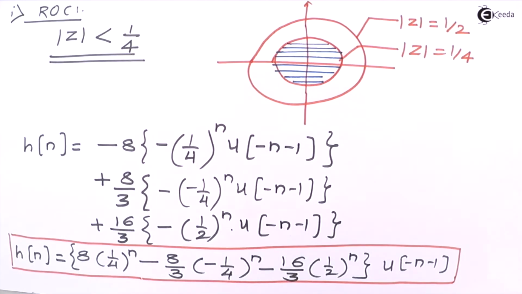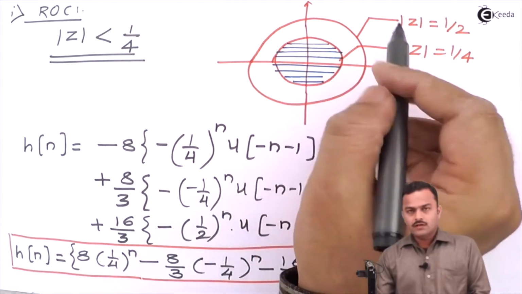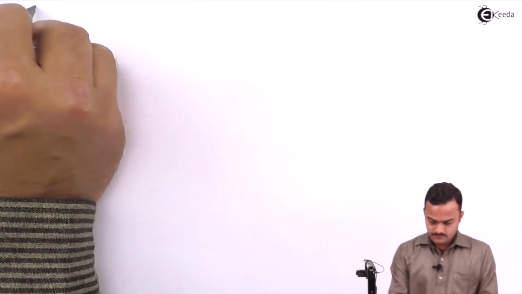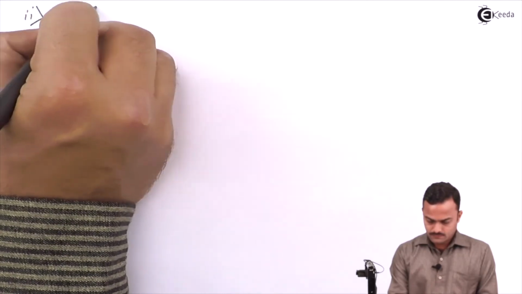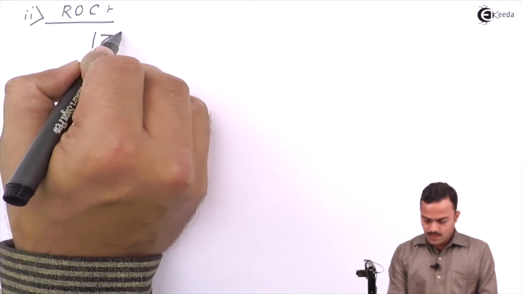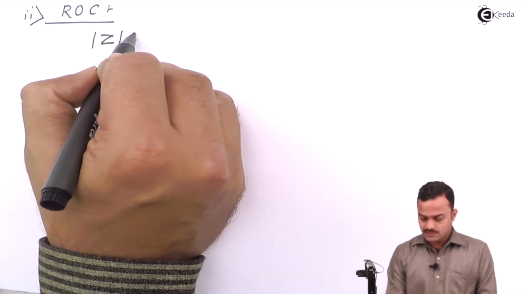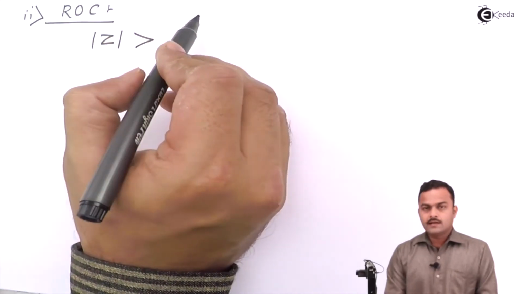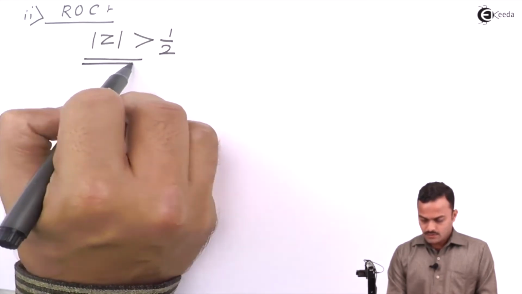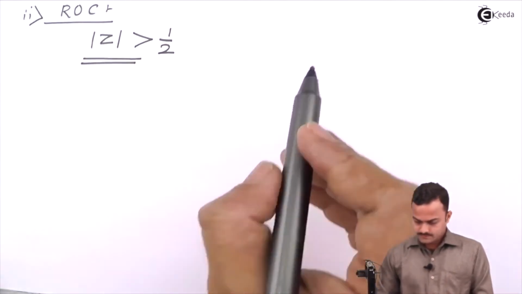Now we'll do one thing. We'll consider the ROC outside the outermost. So let me draw. I said outside the outermost, that means the region will be greater than the radius 1 by 2. So let's draw it.